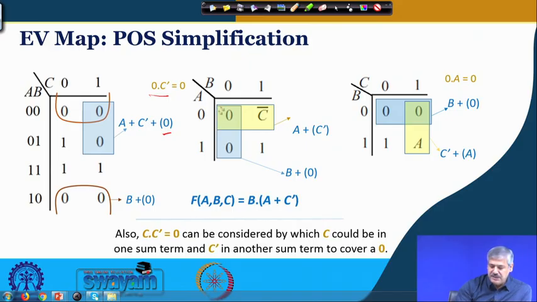In this case, these two zeros can be combined together, for which b is remaining constant with a value 0. b remaining constant with a value 0 means b uncomplemented will come as the sum term. The other group that can be formed: 0 can be considered 0 C prime. So, a is remaining constant with 0, so a prime will be there, and the c prime is already there. That is the way you get the corresponding term.